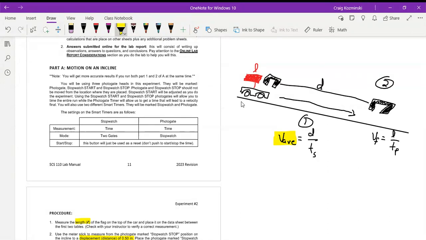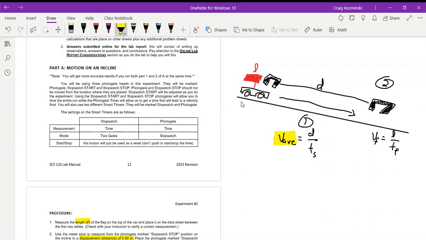And to determine the average velocity, we are going to take the distance that the car travels between our two photo gates. These are the devices that we will use to time the car. And so the distance between them is d, and the total time that it takes for the car to move from photo gate 1 to photo gate 2 is our t sub s. Again, this is going to give us our average velocity.